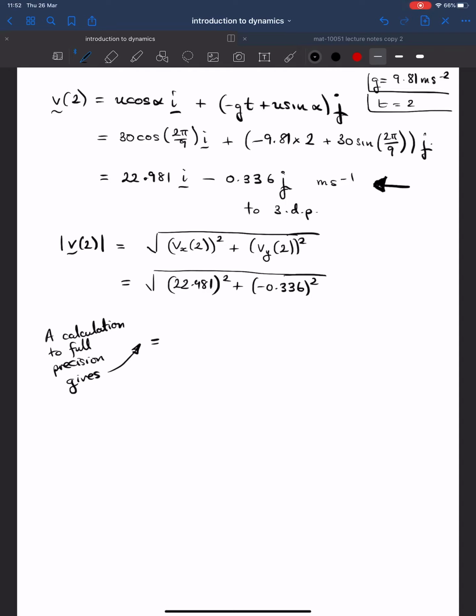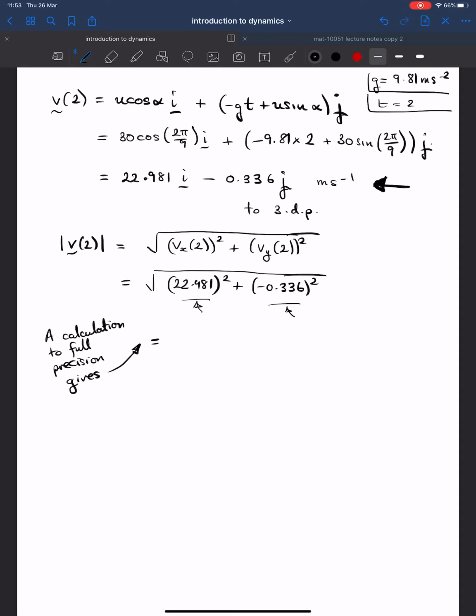Okay, now it shouldn't be much more than actually 22.981. Why? Well, because if you look at these components, this is the most dominant term by several orders of magnitude. And when you square it, this second term is quite small.